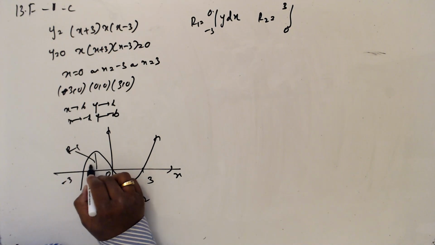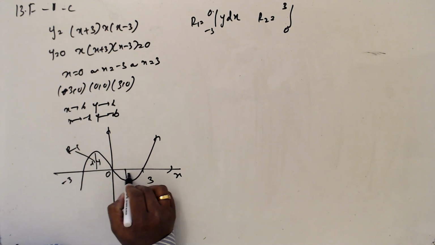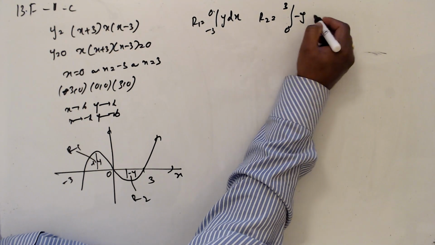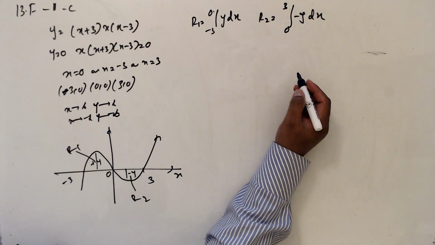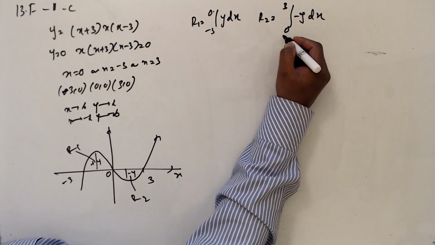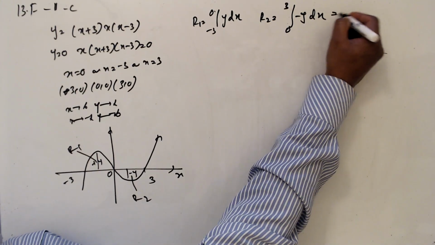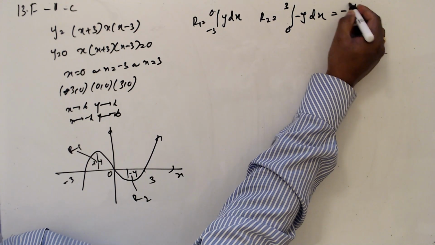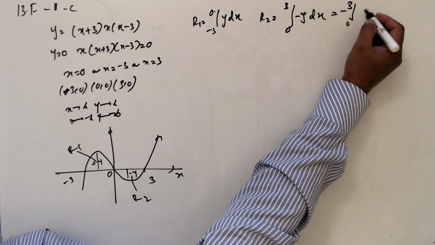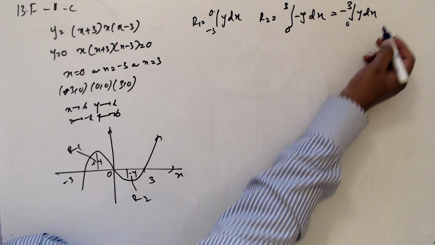This is positive y. Now this is negative y, negative y dx. So you will take this one as minus the integral from 0 to 3 of negative y dx.